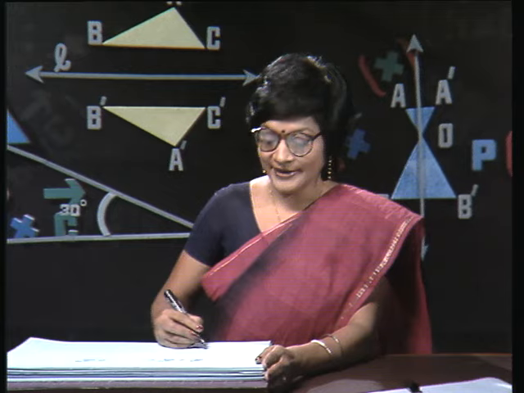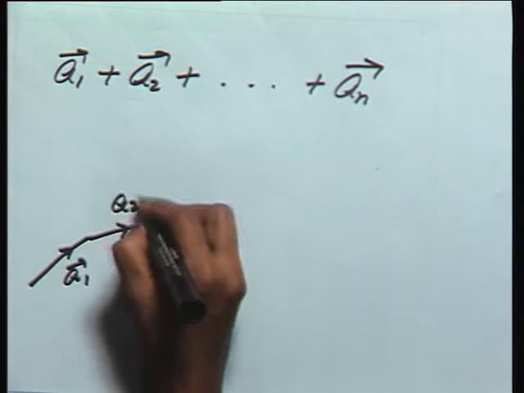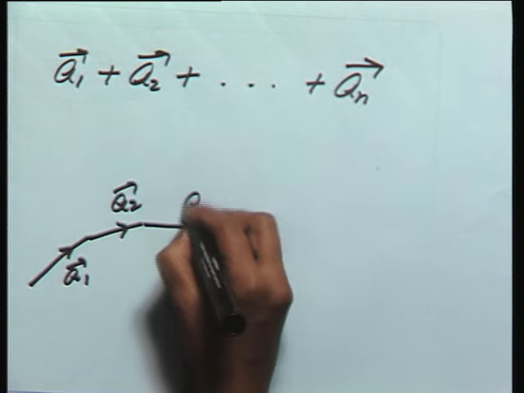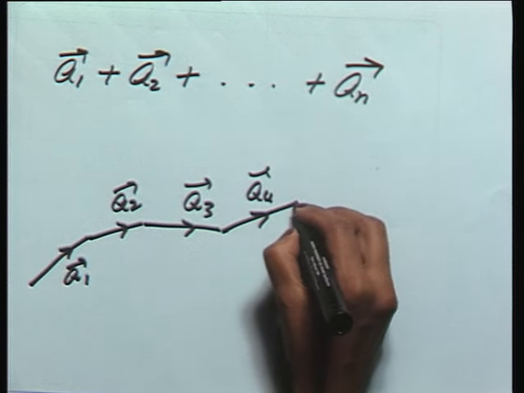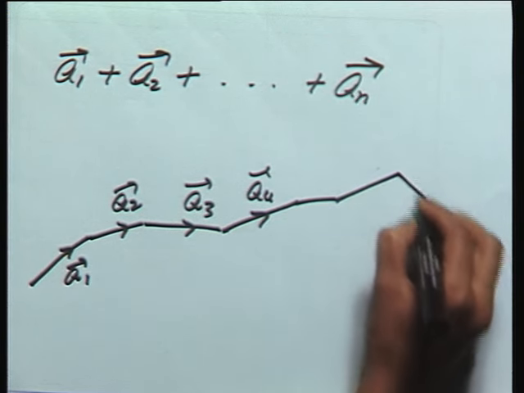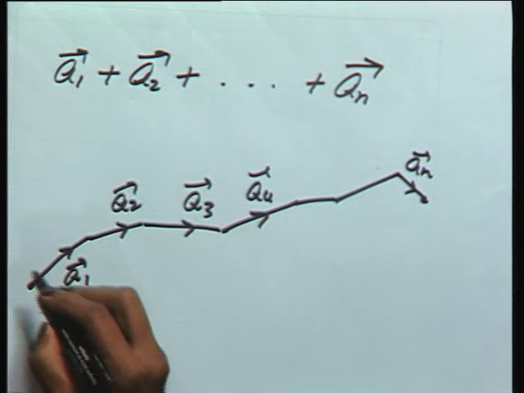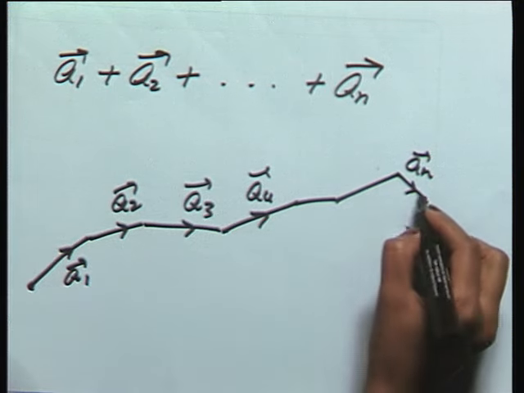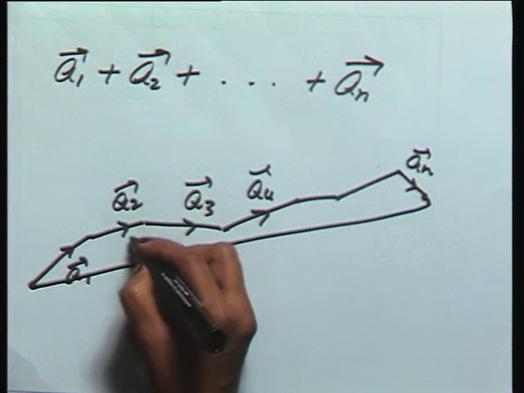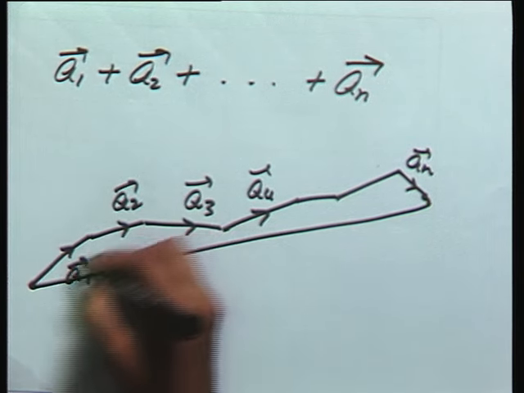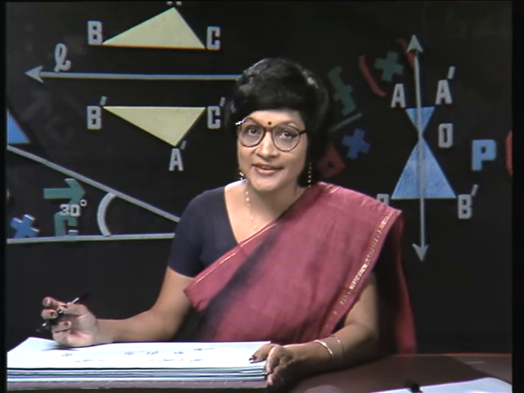Geometrically, we can look at it like this: A1 plus A2 plus A3 plus A4 and so on plus AN is equivalent to the vector drawn from the initial point of A1 to the terminating point of AN. And this can easily be seen by applying the triangle law two at a time and then seeing that the brackets are not material at all because of the associative law.